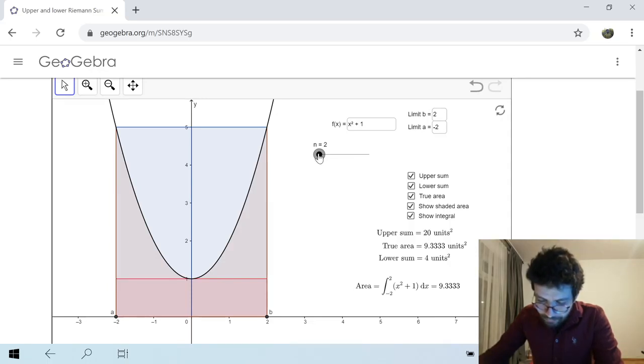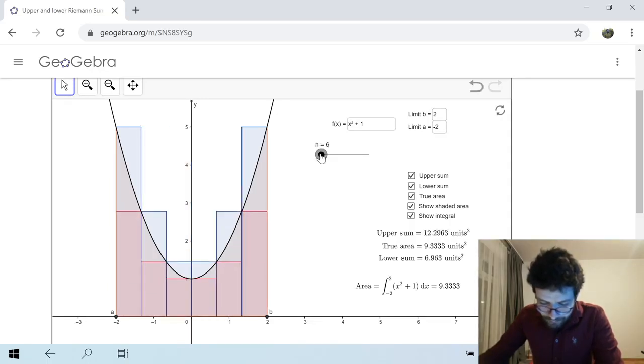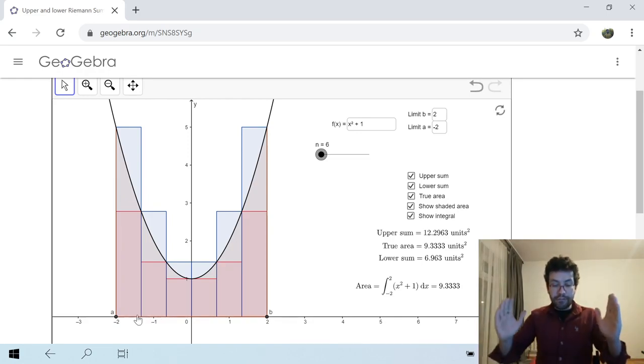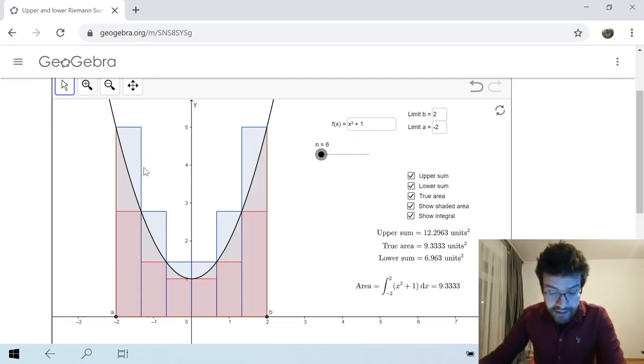Now let me increase the number of points. So let's use 7 points, which split this interval into subintervals of equal length. The sum of the areas of these big blue rectangles is the upper Riemann sum, and the sum of the areas of these red rectangles is the lower Riemann sum.